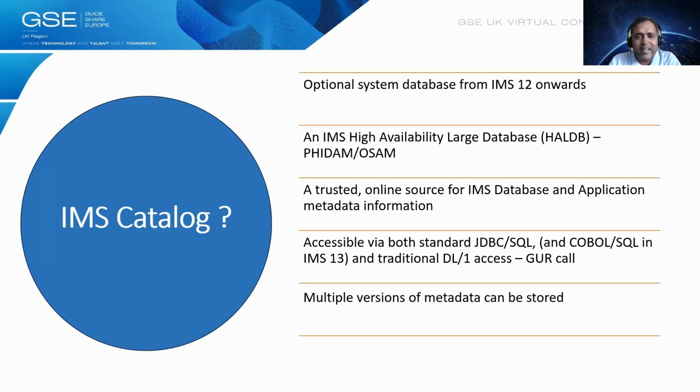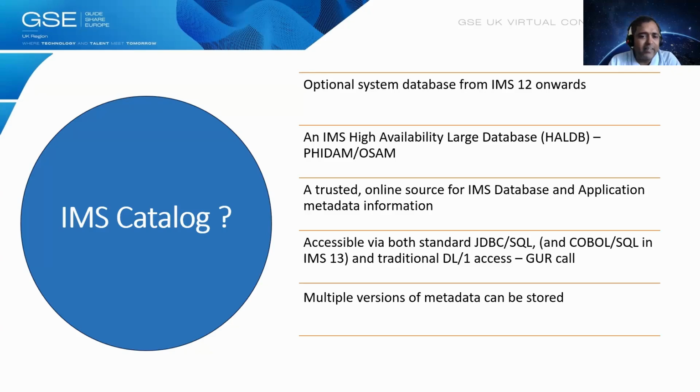So this IMS catalog is actually a database, right? We know that it's an IMS HALDB database, which is implemented as a partitioned HIDAM with an access method of OSAM, right? And the most important thing was that it is used to store metadata, and when this metadata is updated, the catalog was also updated to reflect the change.